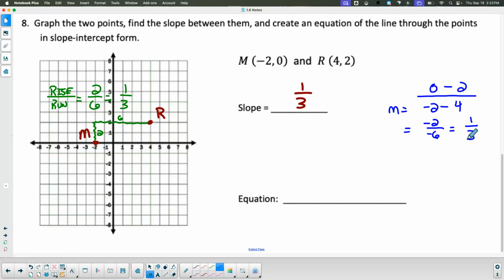The general equation of the line, so no numbers, only letters. Oh, y equals mx plus b. That's what I was looking for. Yep, y equals mx plus b.